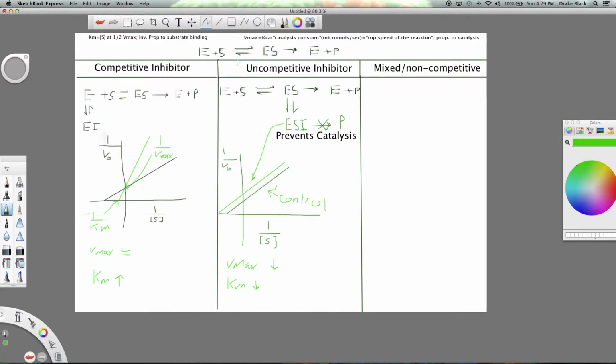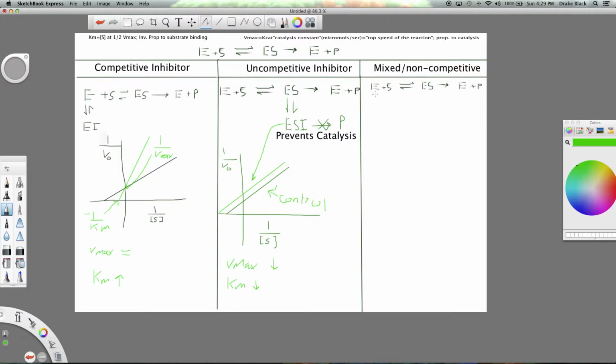And now let's get to our last one, which is the mixed / non-competitive inhibition. Okay. This here. So what happens here is there's two different binding sites on the enzyme. So you see how there's only one binding site?